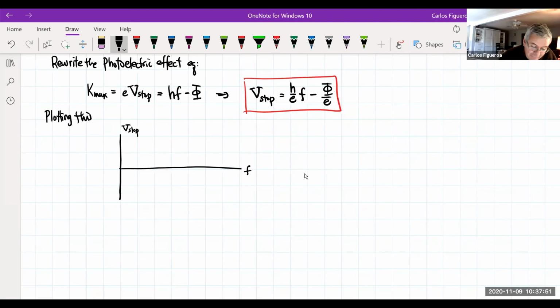And let's say that I have a metal that looks like this. And so the intercept right here of this equation is going to be minus phi divided by e.